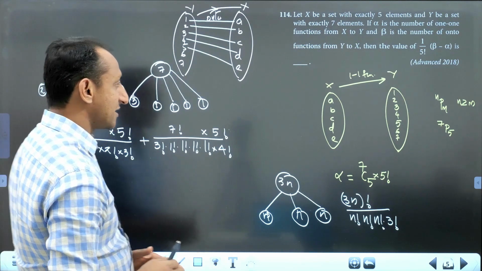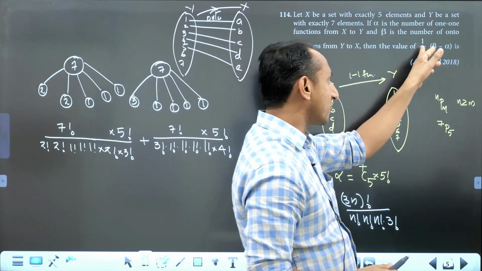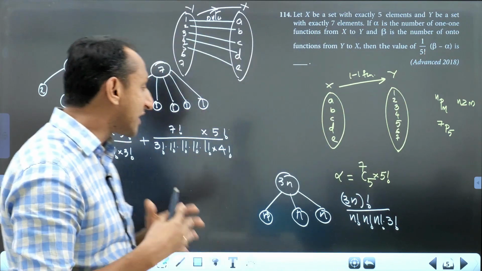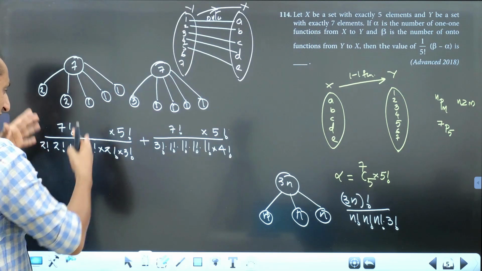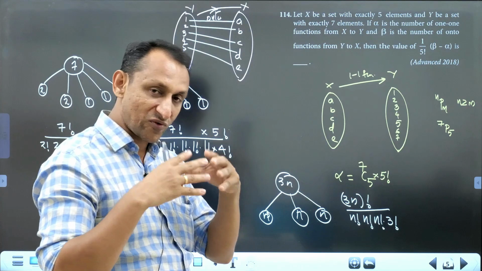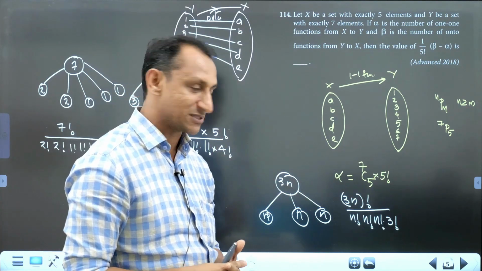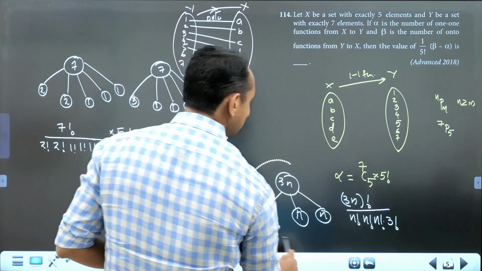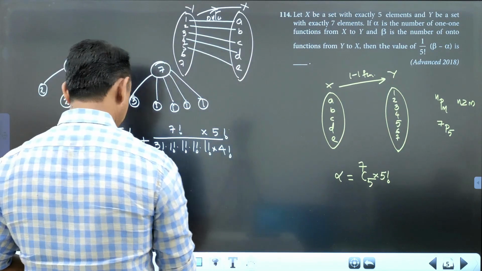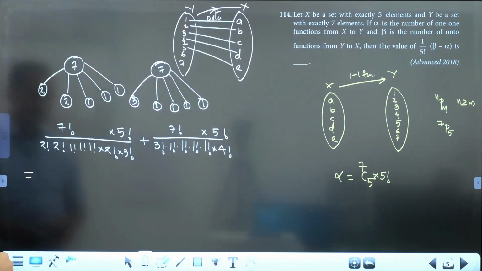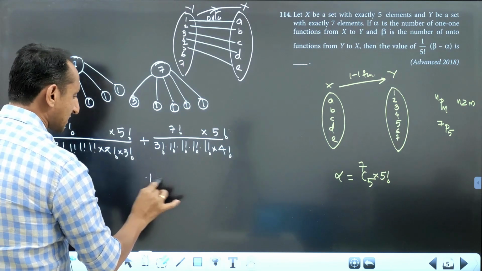Next step is how we find 1 by 5 factorial into beta minus alpha. We convert this entire term in terms of alpha, then simplify. See this, this becomes alpha.